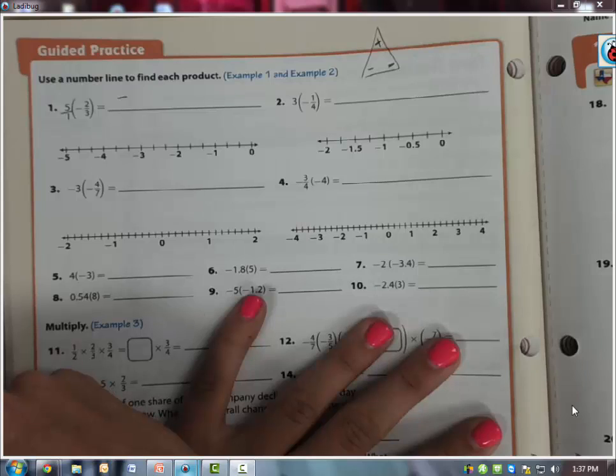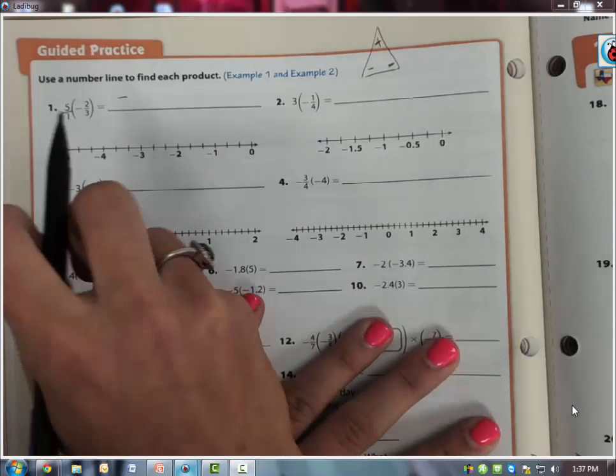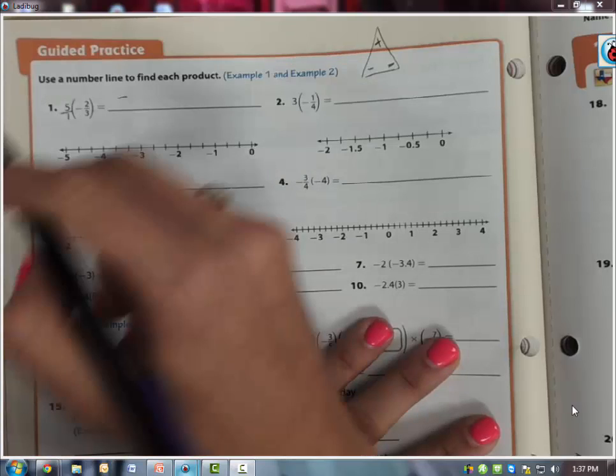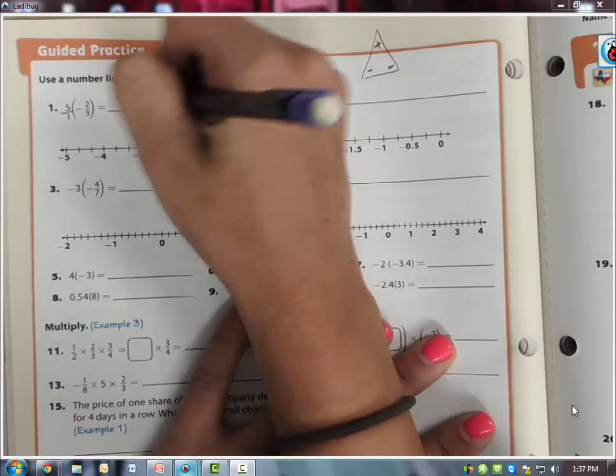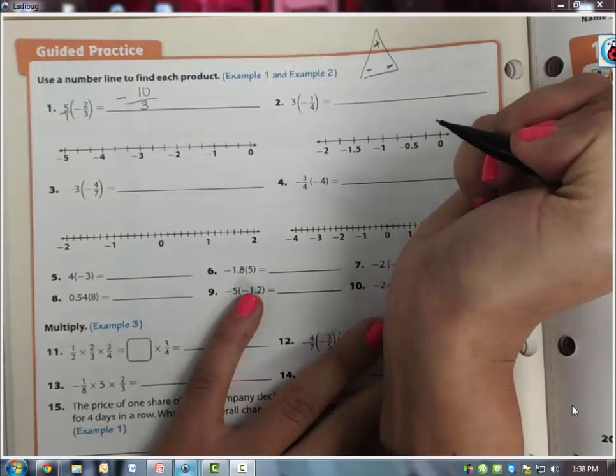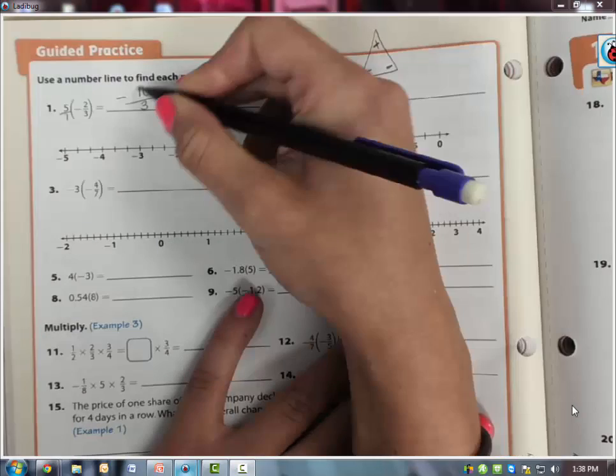Now, do you remember top times top, bottom times bottom, multiplying fractions ain't no problem. So, 5 times 2 is 10, over 1 times 3 is 3. Now, that's not going to be good enough because that's an improper fraction. We need to get it to a mixed number.